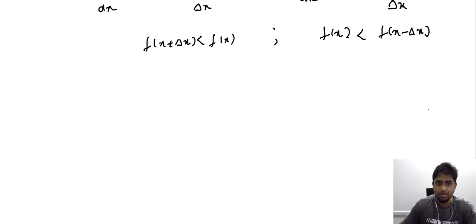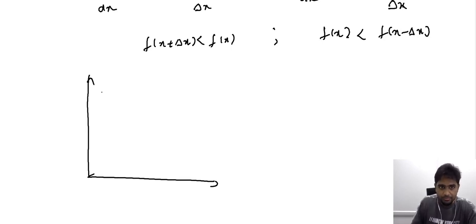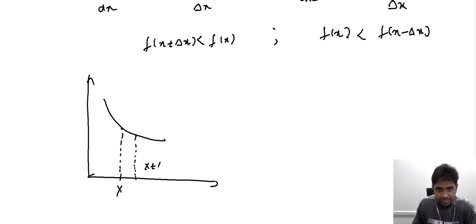So let me redraw the plot that we are considering. Here we have our desired point x, here this point is x plus delta x, and this point here is x minus delta x.